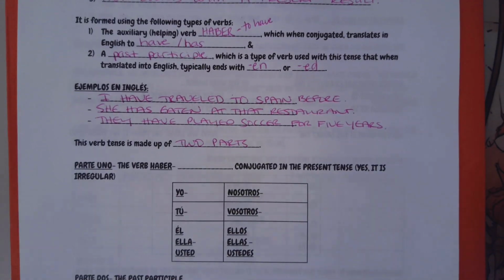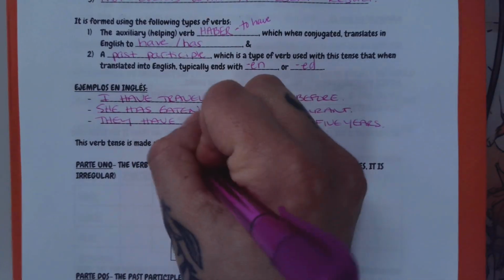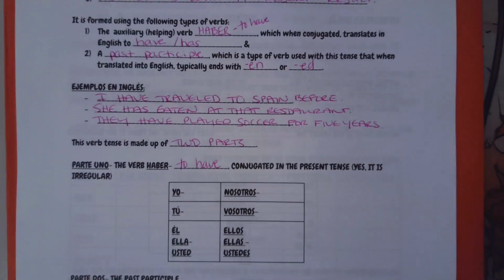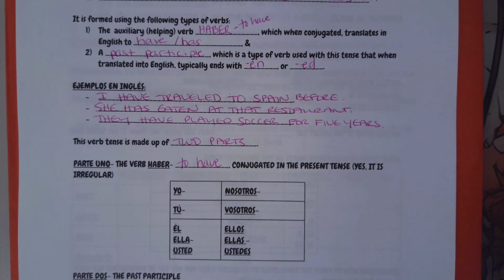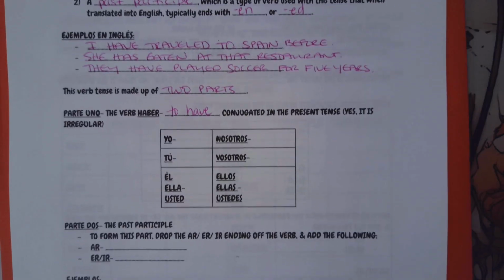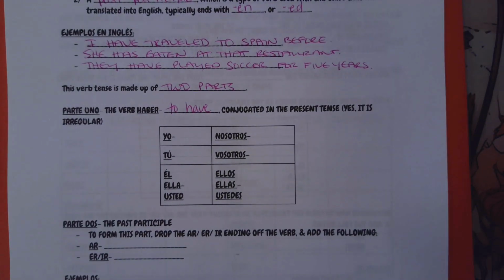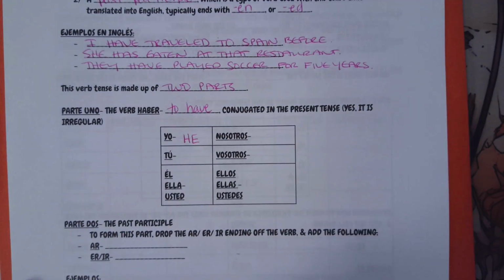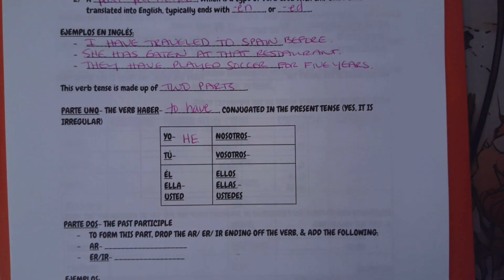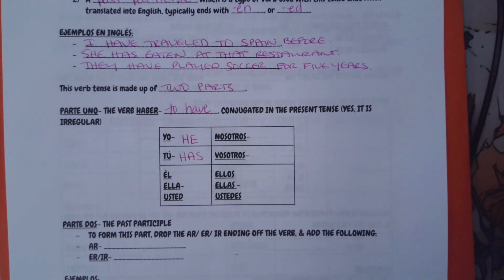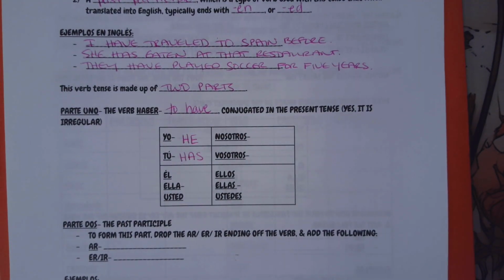We know that the verb haber, which means to have, again, we know this is not like our verb tener, conjugated in the present tense, and it is irregular. So let's fill in our verb chart for that, our conjugation chart. So our yo form is he, spelled H-E, pronounced a. Our tú form is has, H-A-S. Again, it's pronounced as. Our H's are all silent.